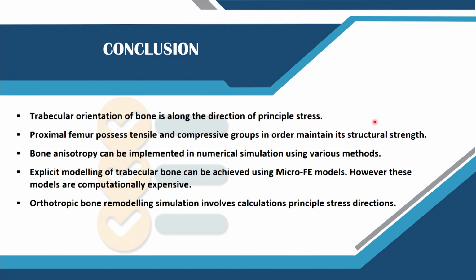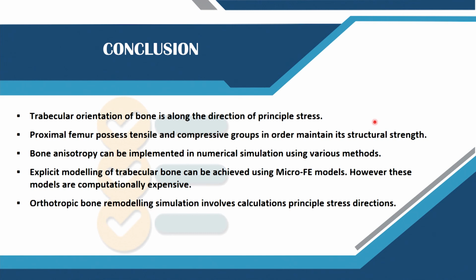Let us come to the conclusion of this lecture. The trabecular orientation of bone is along the direction of principal stresses. Proximal femur possesses tensile and compressive groups in order to maintain its structural strength. Bone anisotropy can be implemented in the numerical simulation using various methods.